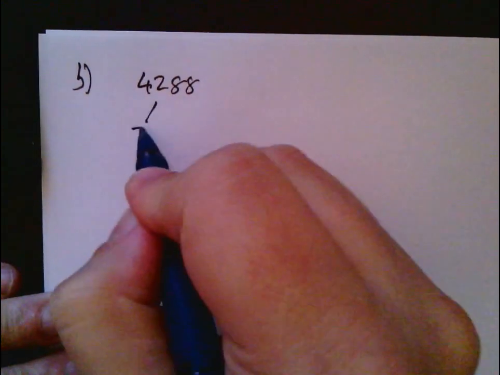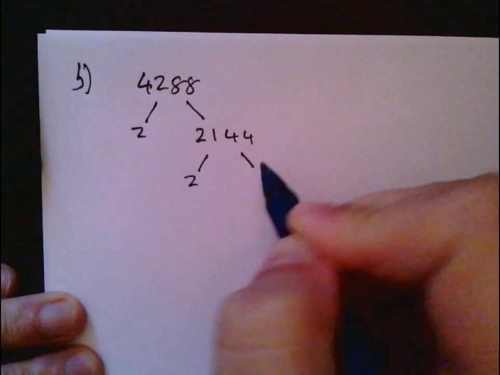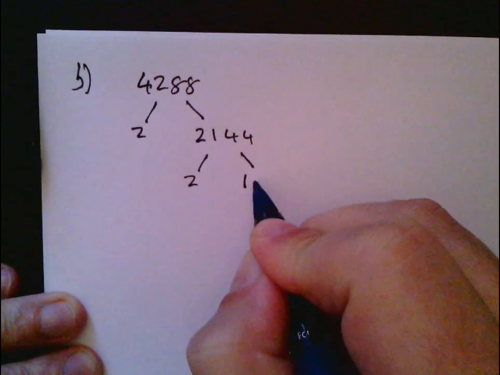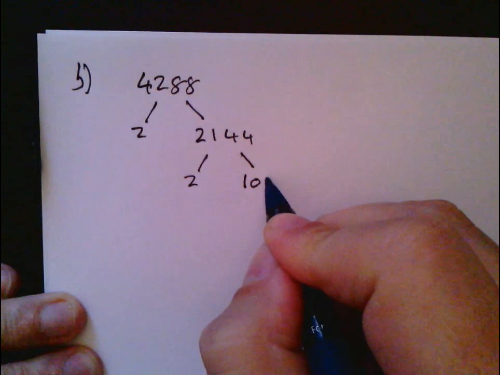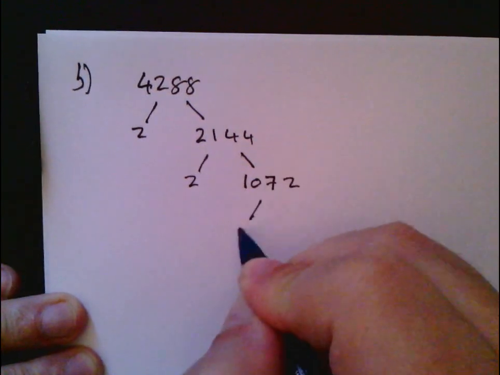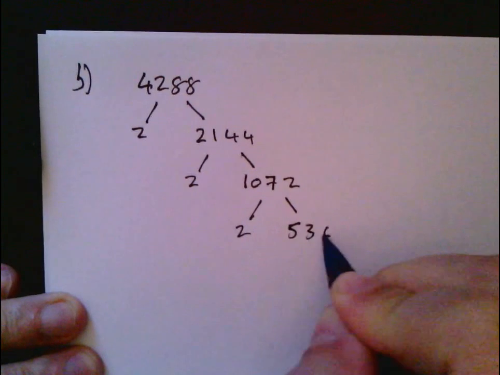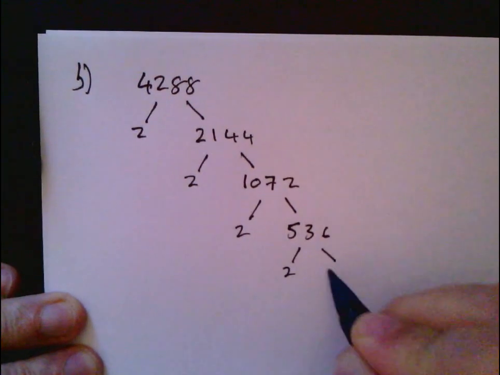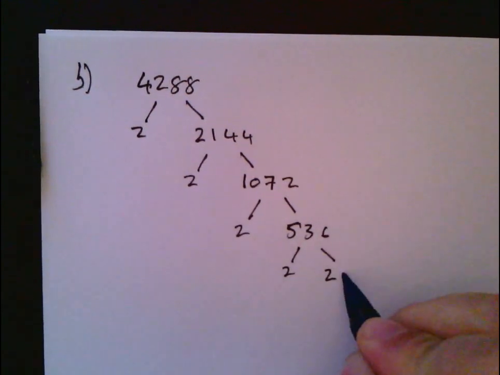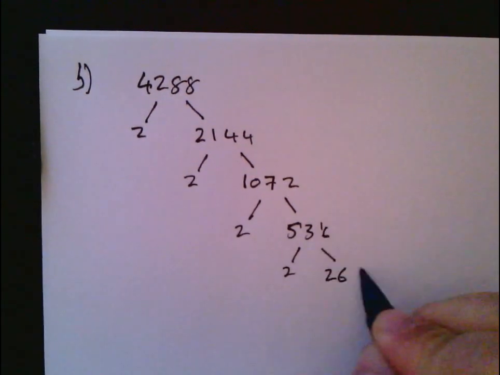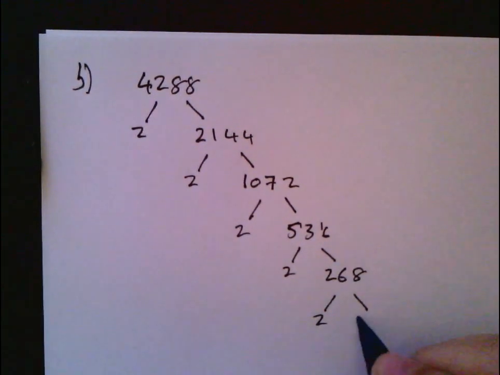So we've got 2 into 4288, which is 2144, 2 into that is 1072, 2 into that is 536, 2 into that is 268, 2 into that is 134.